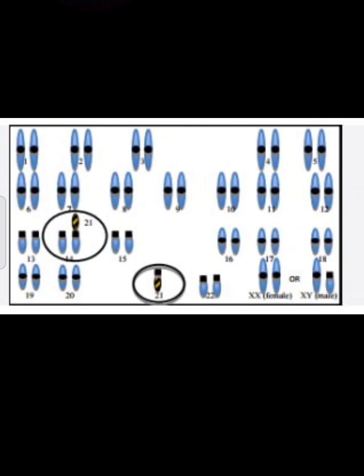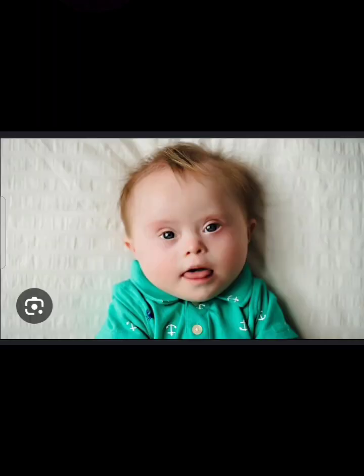Then the third type is mosaicism. How is that happening? The previous two mechanisms are non-disjunction and the Robertsonian translocation. Non-disjunction occurs during gametogenesis as a by-chance problem, and Robertsonian translocation can be hereditary, even running in families.